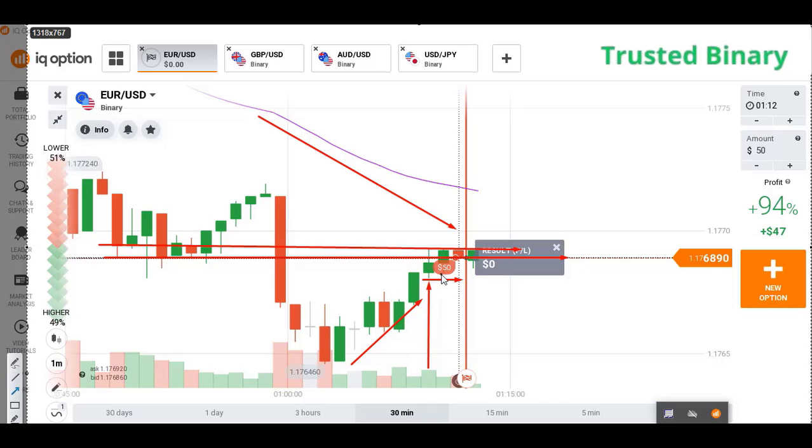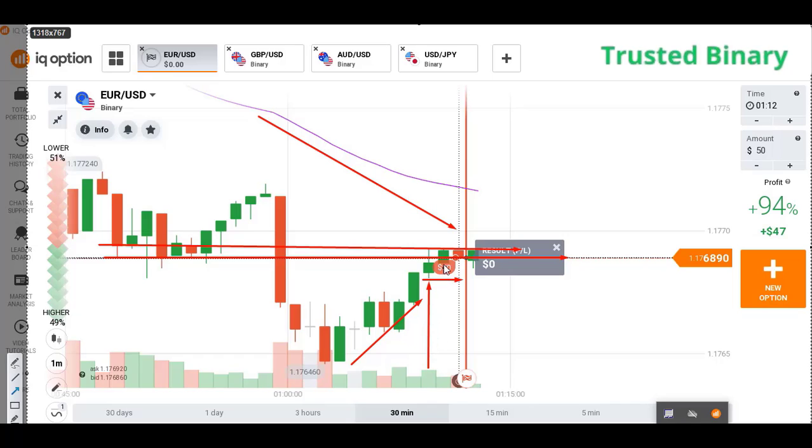After this candle, the next candle closed exactly in this SNR level, and there is also a small rejection. It confirmed to me the next candle obviously goes down, because some sellers already entered in these wicks. That's why this volume increased.